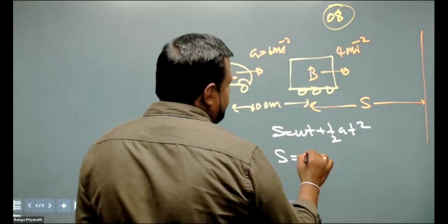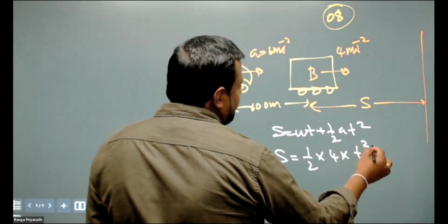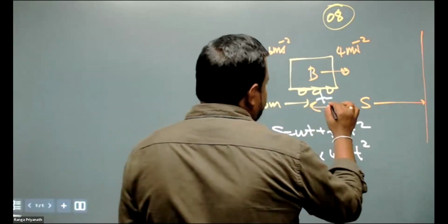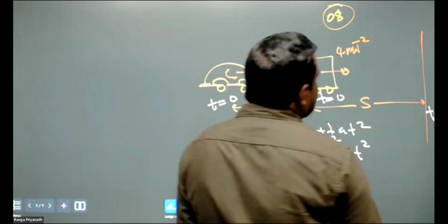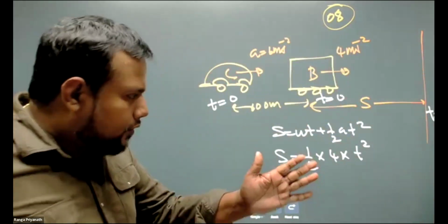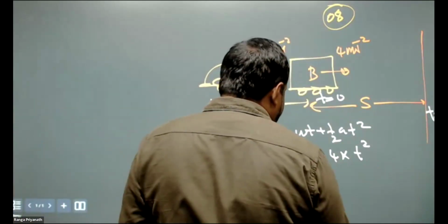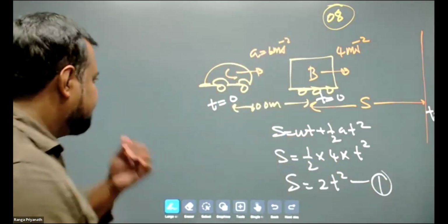Initial velocity 0, half, acceleration 4, time t squared. At t equals 0 the car is here, at t equals 0 the bus is here, at t equals t both the car and the bus are there. The car overtakes the bus. So S = 2t², let's say equation number 1.